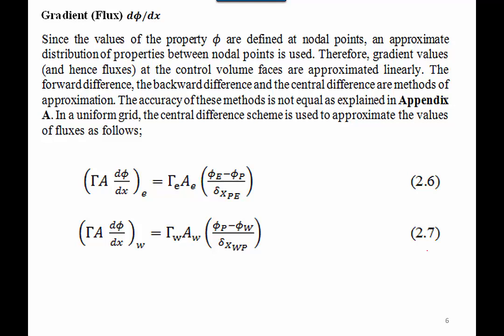That means gamma multiplied by A multiplied by d phi by dx at the east side will be equal to gamma at east, area at east, multiplied by phi at E minus phi at P, divided by the distance between the two capital letter points P and E. And also gamma A d phi by dx at the west interface will be equal to gamma at the west interface, area at the west interface, multiplied by the value phi at P minus phi at W, divided by the distance between the two capital letter points W and P. That means this gradient at the east side will be equal to this value if we use the central difference method.